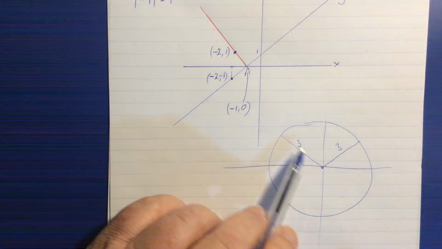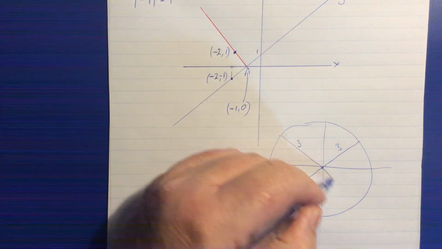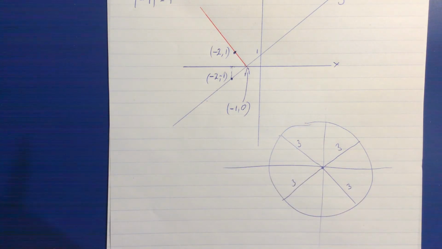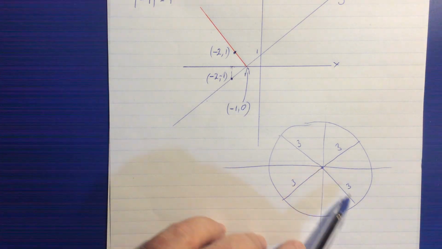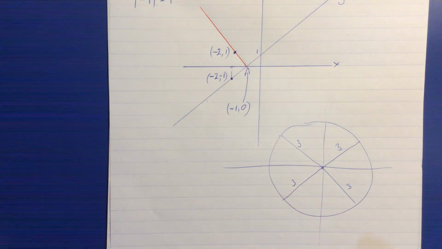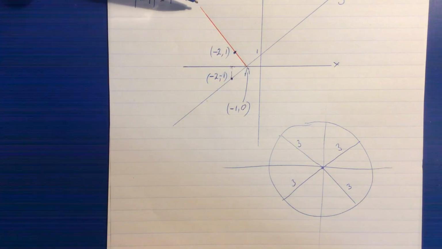It's the distance from here to the edge of the circle, and it's 3. Same is true for here. Same is true for here. Same is true all the way around the circle. It is the value of the distance from 0 to whatever point there is out here. And that's the sort of thinking that's involved in this.